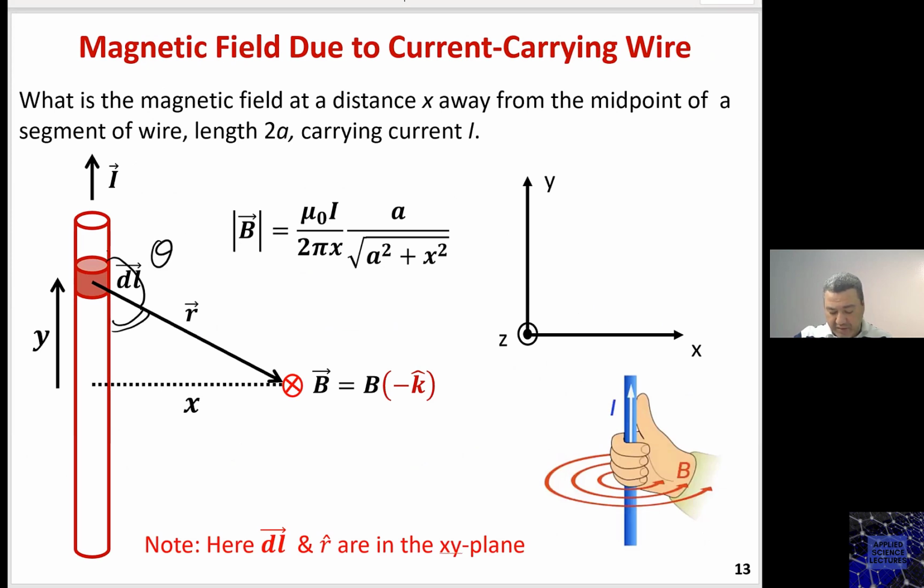This angle here is pi minus theta, where basically sine theta equals sine pi minus theta, and this is going to be x divided by r. Then you can substitute r magnitude with whatever we have calculated there, r magnitude as square root of x squared plus y squared. So this is going to take you to the same results that we have derived ourselves.